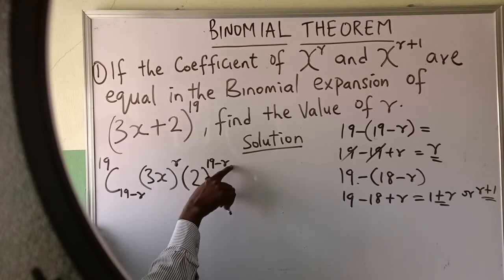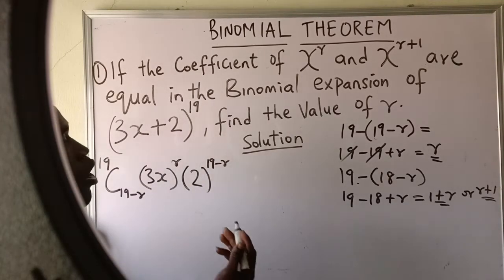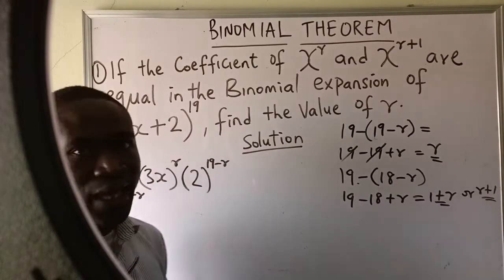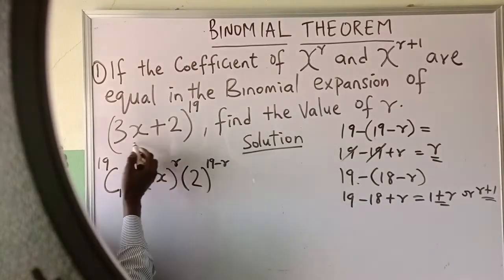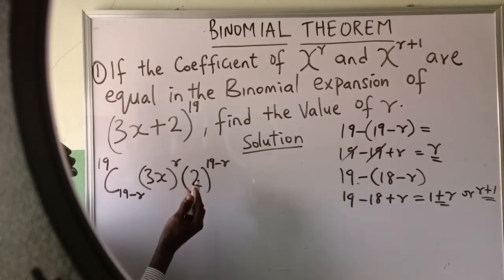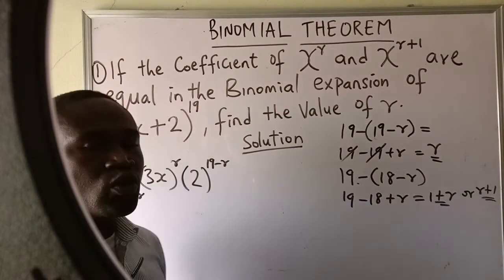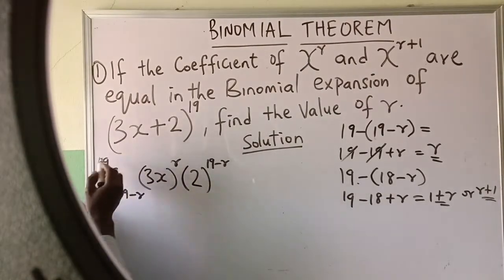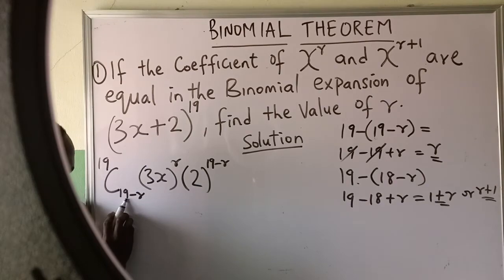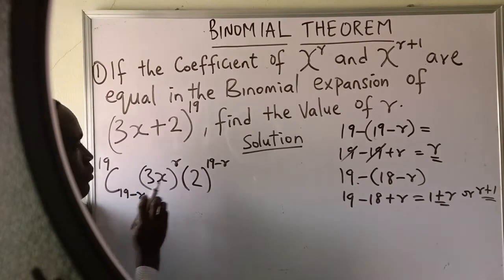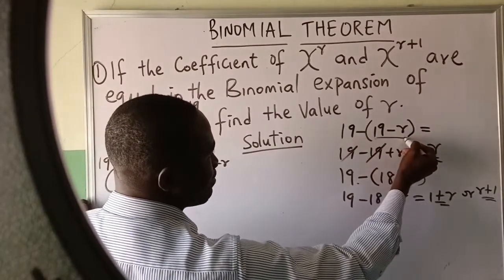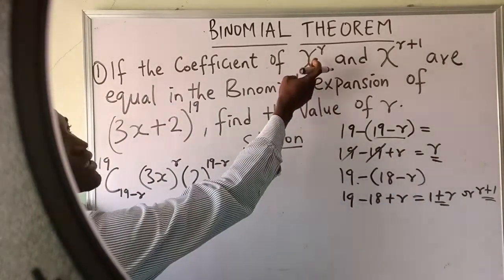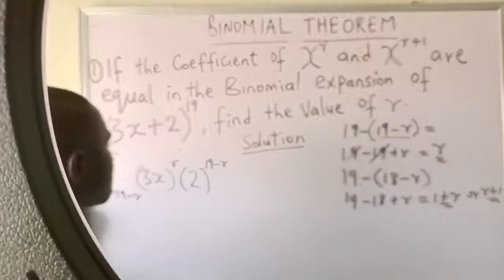This is a way of expanding a two-term algebraic expression using combinatorial principles. You say 19 combination a particular r, but at this point our r is 19 minus r, to be able to get what the question says.